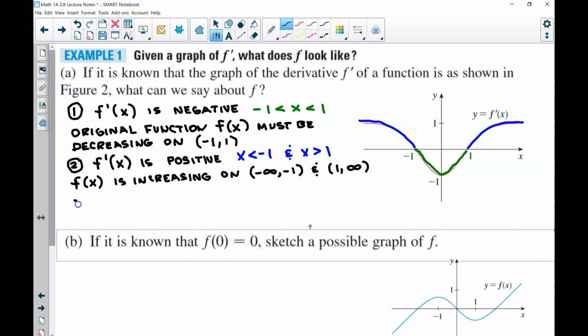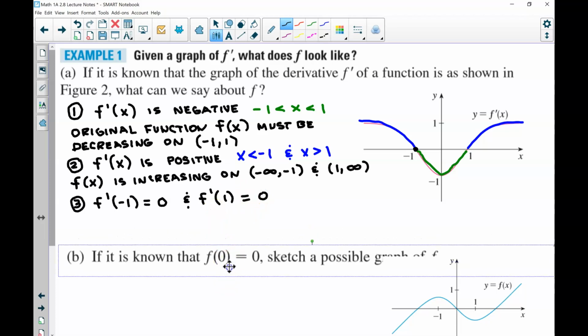Okay, and then also let's make note here of what happens at f prime of -1. Well, if you notice, when x is -1, the value of the output is equal to 0. And what happens at +1? Well, that's also equal to 0. So what does that tell us? Well, that's going to tell us that they have horizontal tangents.